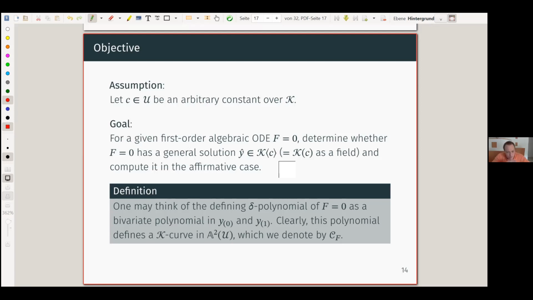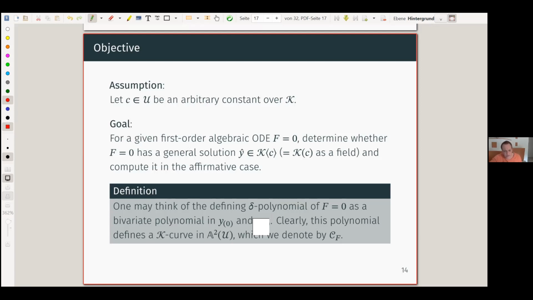Okay, and this is what I want. And before we go on, one way to think about this defining differential polynomial f, which defines my algebraic ODE, well, you can think about this actually as a bivariate polynomial in y0 and y1. So this is y and delta y. And you forget about this differential aspect for a moment.